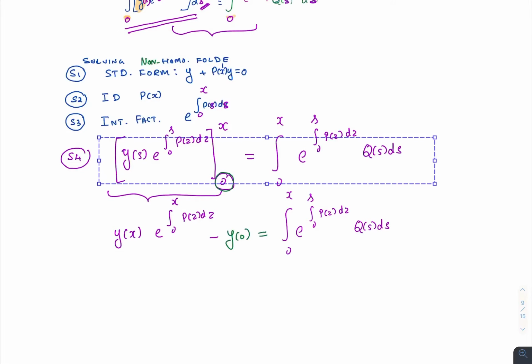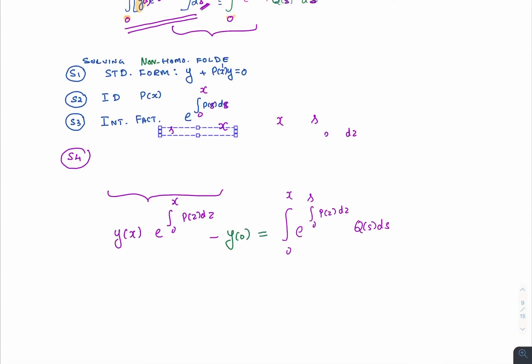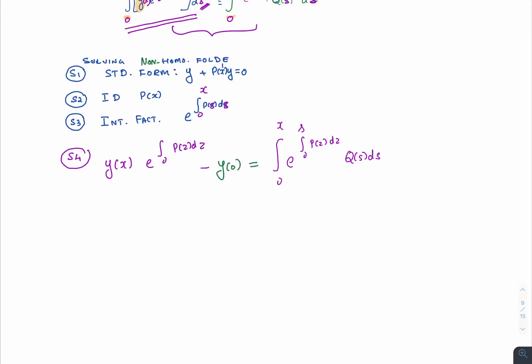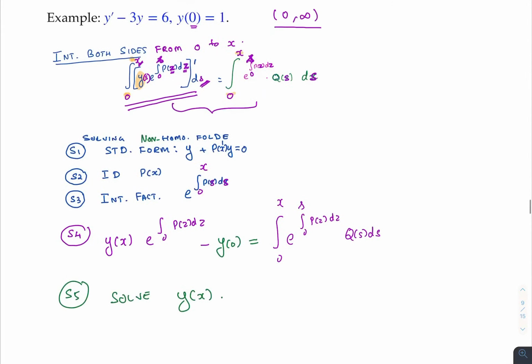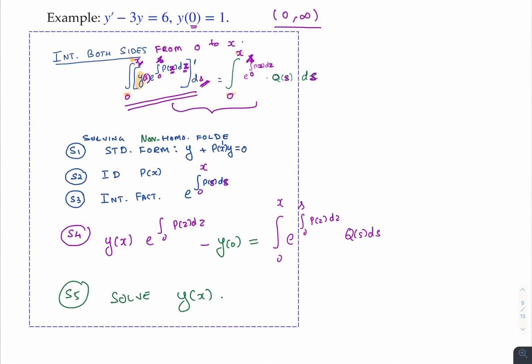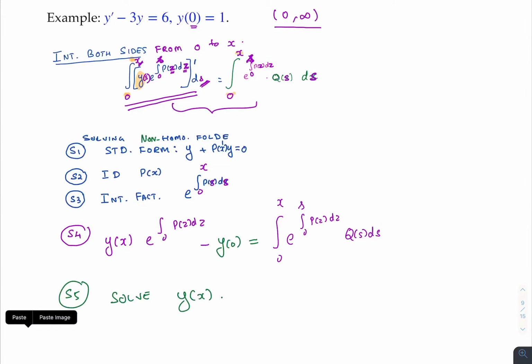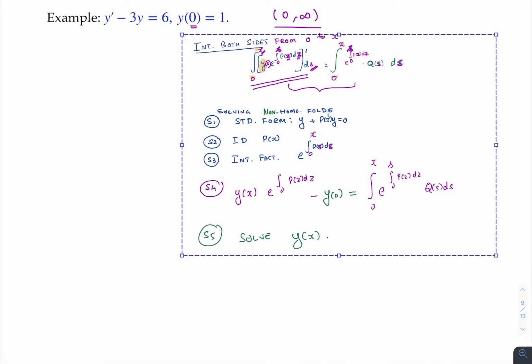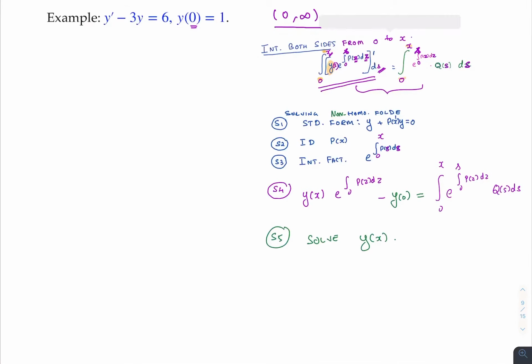Then the next step, as I showed you, is to solve for y of x. Let me show you how to implement this in the problem that I have as an example. Let's take a look. How do we execute that?